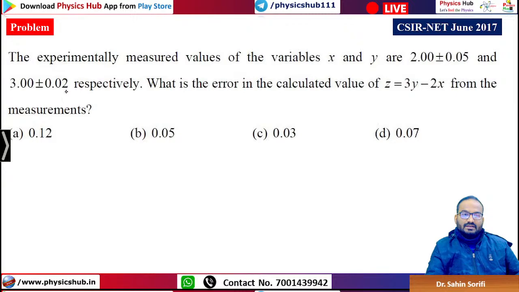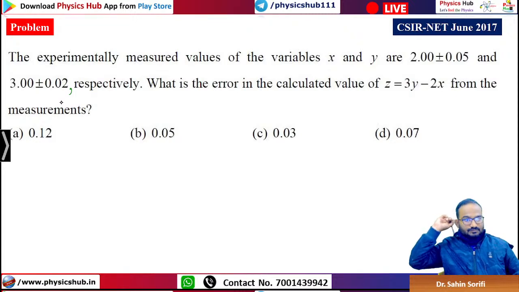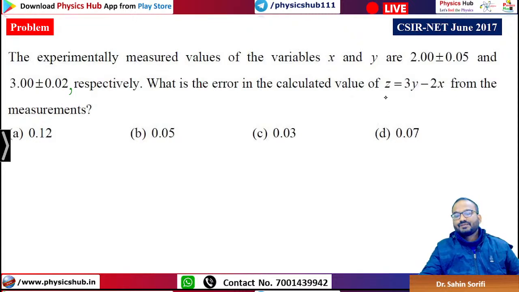What is the error in the calculated value of z equals 3y minus 2x from the measurements? Can you do this problem? So, you can imagine it in this way. Z is a function of x, y, and you can move forward.